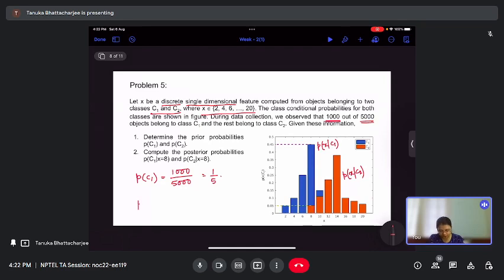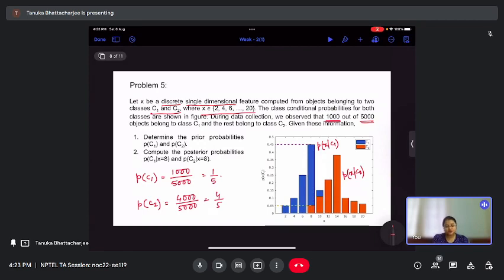Similarly, the prior probability of class C2 will be, if 1000 objects belong to class C1 and the rest belong to class C2, then 4000 objects belong to C2. So this becomes 4000 by 5000, that is 4 by 5.